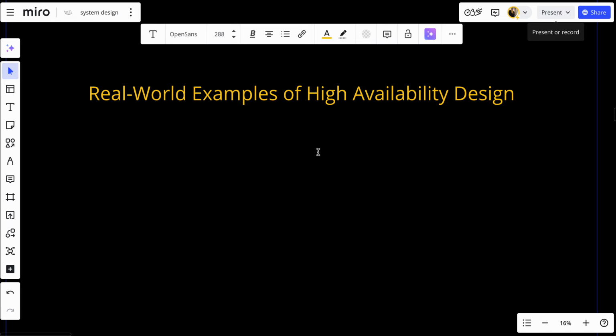Let's talk about a real-world example of high availability design. Netflix is a great example of a company that prioritizes high availability without unnecessary complexity. They use a multi-region deployment and autoscaling to ensure that users can continue streaming regardless of any regional failures. However, they also focus on optimizing costs by only scaling up the infrastructure when demand increases.